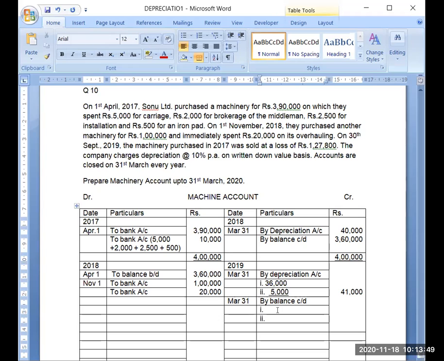So first machine balance will be 3,60,000 minus 36,000. So 3,60,000 minus 36,000 is 3,24,000. And second machinery, it will be 1,20,000 minus 5,000, 1,15,000.